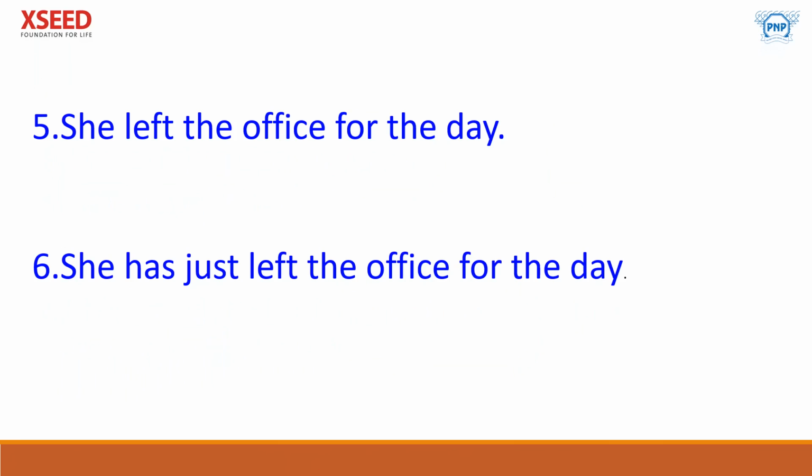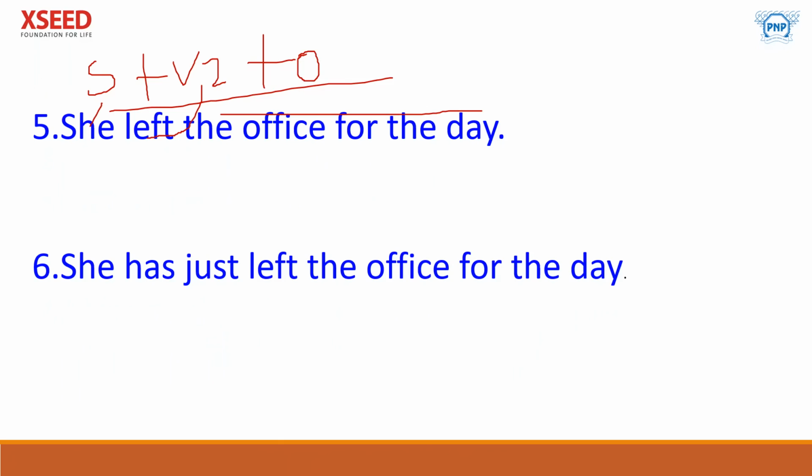So look at this sentence. She left for the office for the day. There is one subject, V2 is there, and an object is there. These three things are there. Subject is this one, V2 is this, left, and the object is the office for the day. Now, she has just left for the office for the day.